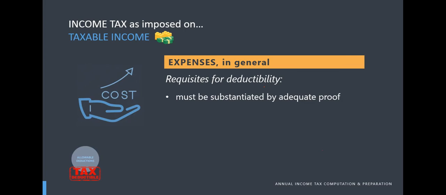The supplementary documents, examples of these are the acknowledgement receipts, delivery receipts, etc. During the audit of the BIR, only the primary source documents were being asked by them as an adequate proof of the expenses.